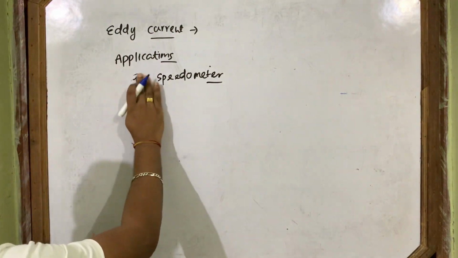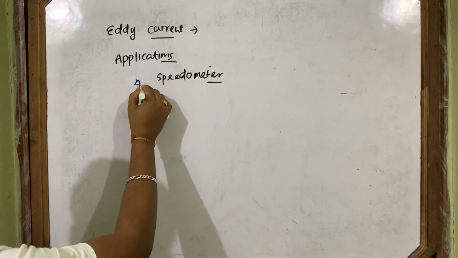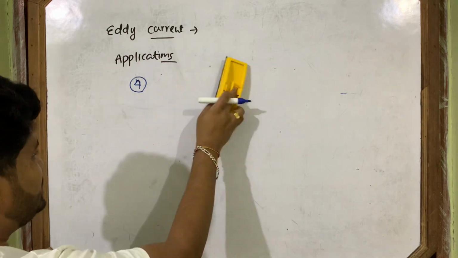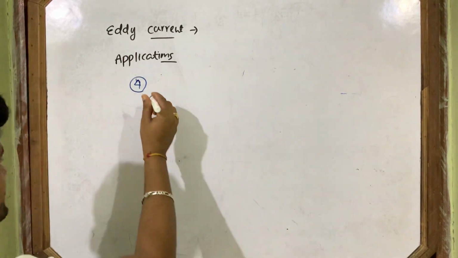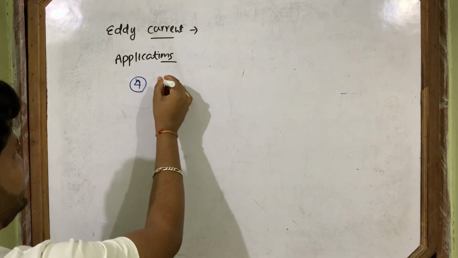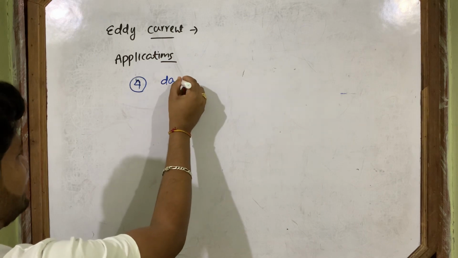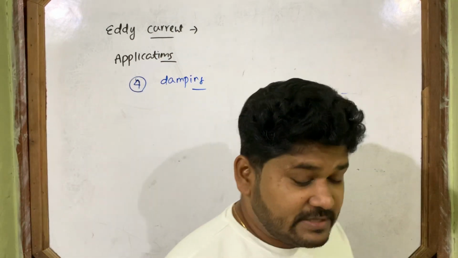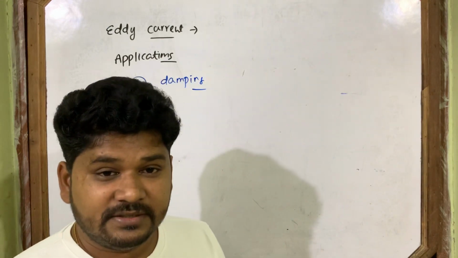Now come to application number 4, that is electromagnetic damping. What is electromagnetic damping?